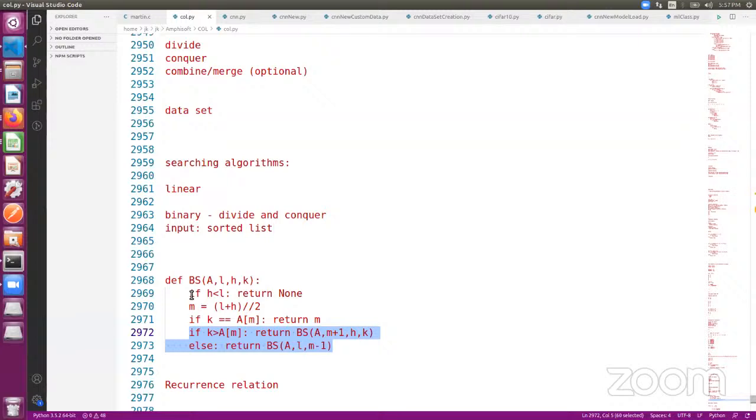And these stopping conditions are there, right? All the return conditions, stopping conditions or base conditions would be your conquer step. So divide is the recursive calls and conquer is base conditions.